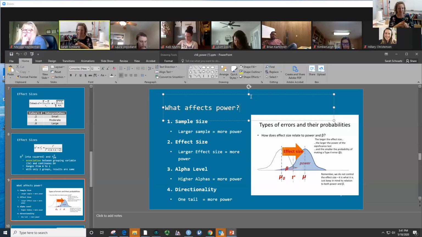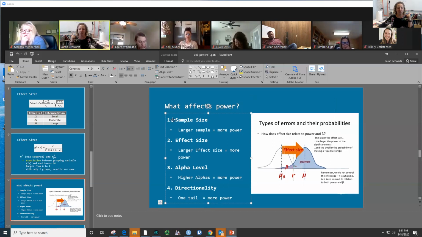Have you guys done that? Maybe many years ago? We're going to do the same thing with the power analysis. You need to plug in all of these components, or if you can plug in everything but one thing, you can solve for the one missing thing. Usually we want to solve for sample size by plugging in values for effect size, alpha, and directionality.